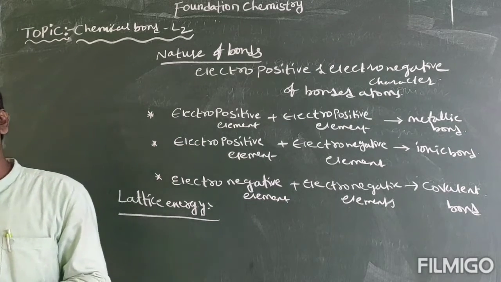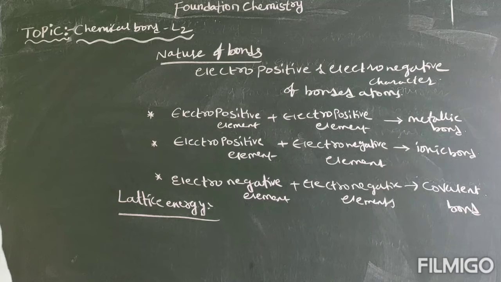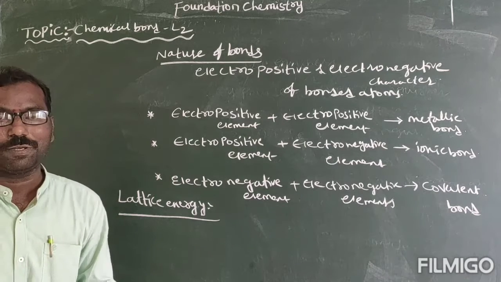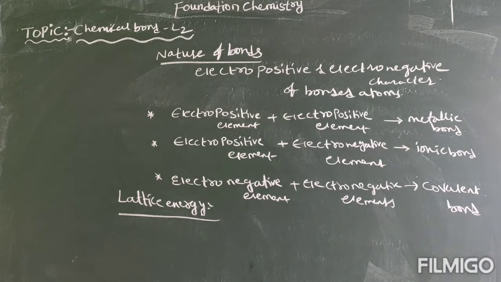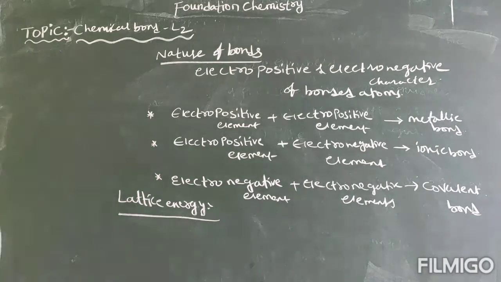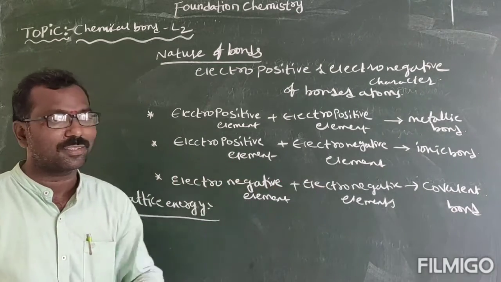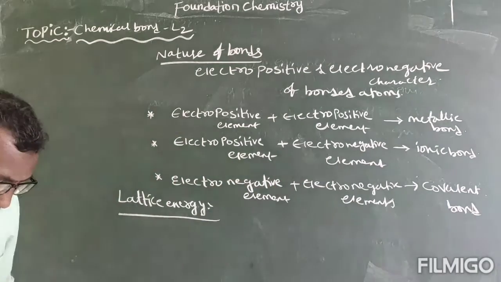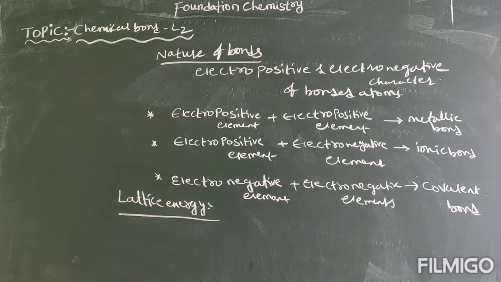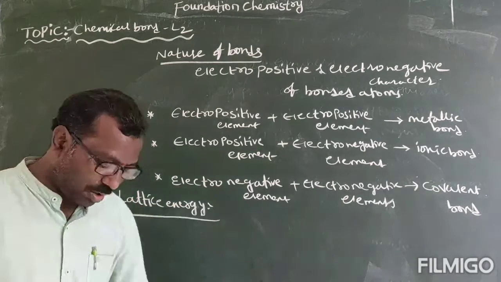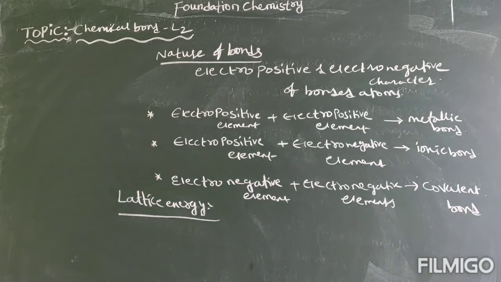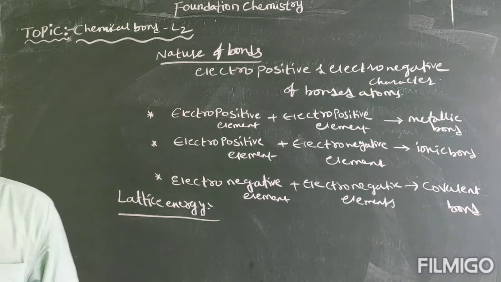That amount of energy released is called bond energy. In the same way, the amount of energy released when oppositely charged gaseous ions are brought closer from infinite distance to form 1 mole of ionic crystal is called lattice energy.